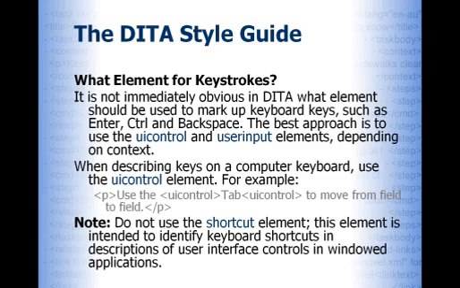Now, the shot that you see on the screen there is actually taken directly out of the DITA Style Guide. So that's how it describes things. It discusses what the issues are. It gives you a tool-neutral format, and then tries to give you some warnings or notes. For example, another element you might have chosen is shortcut, but it's saying don't use shortcut for this.